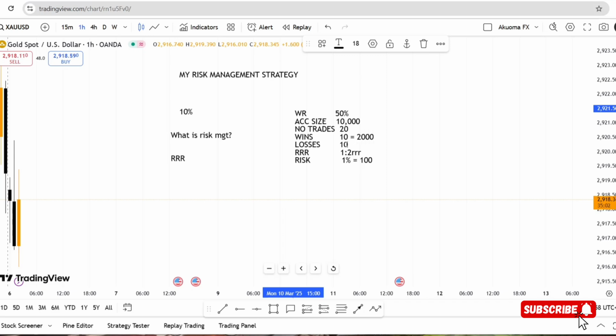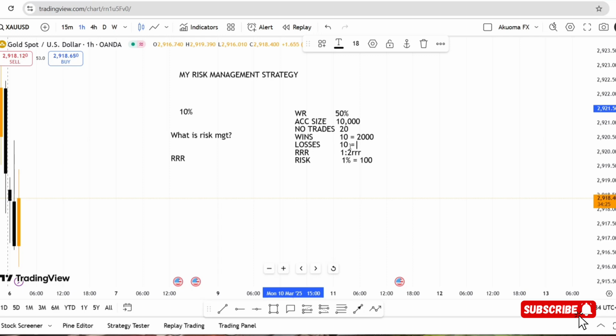Which means because of this 1:2 risk to reward, if it was to be 1:3 risk to reward, it will be 3,000. You understand? So since we are doing 1:2, and each trade you lose 1%, and each trade you win, you are getting 1:2. That is why this 1,000 got doubled.